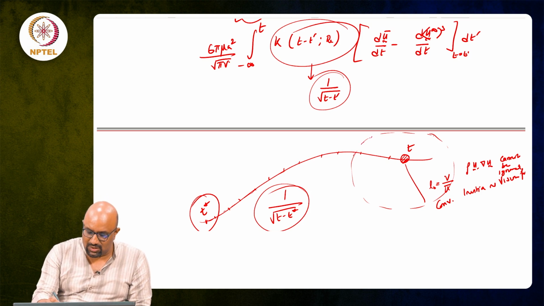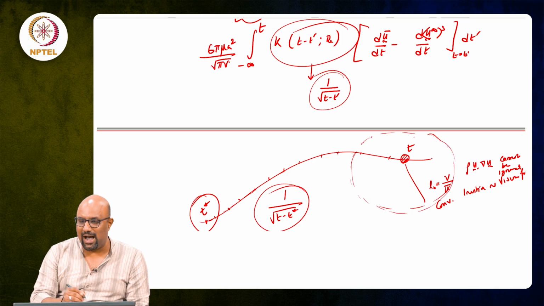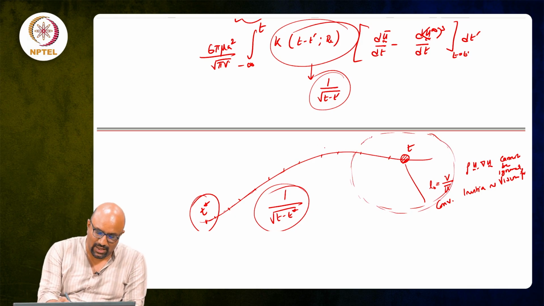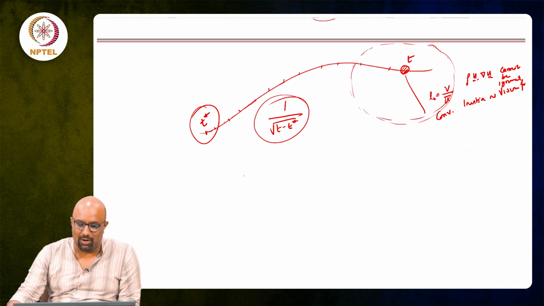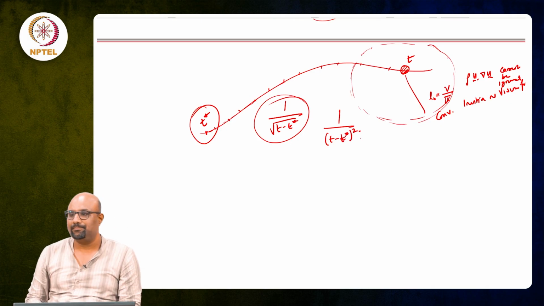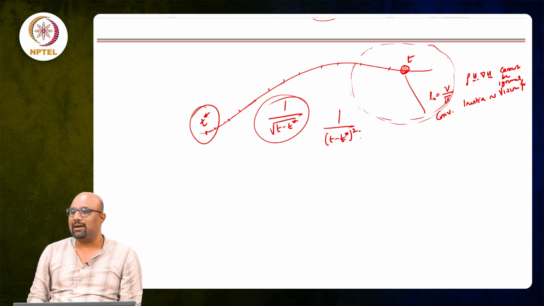But because of this wake that forms and this aspect of inertia becoming important, this weightage actually is not as important as 1 by root of t minus t star. It rather decays as 1 by t minus t star squared. It decays quite rapidly.